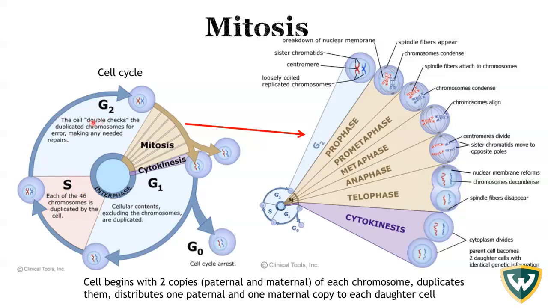And then the G2 phase is the pre-check phase before we start mitosis, to make sure everything's ready and there are no glaring errors, such as trisomies or other errors that could be detected and would lead to an unsuccessful mitosis or meiosis. After G2, you begin to enter the phases of mitosis.